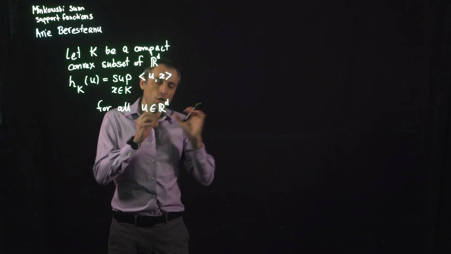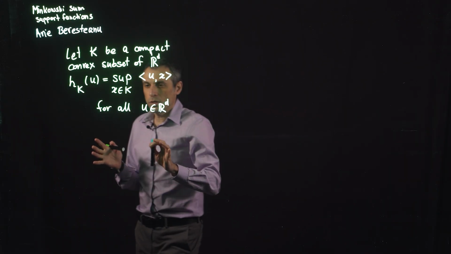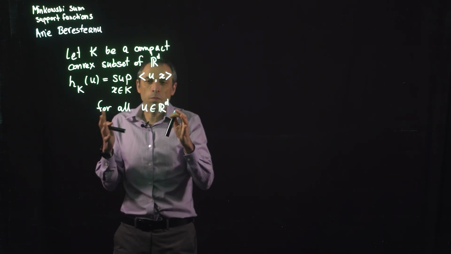Now it's a definition, and we can talk about its properties and things that it satisfies. But maybe just a picture will help us understand what it does and what it really measures.